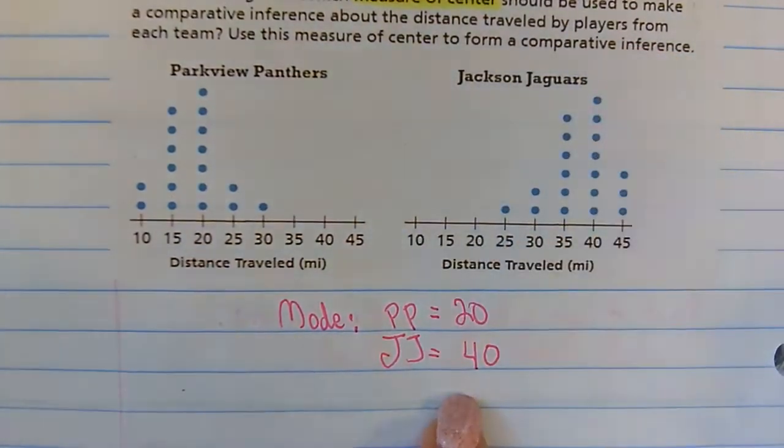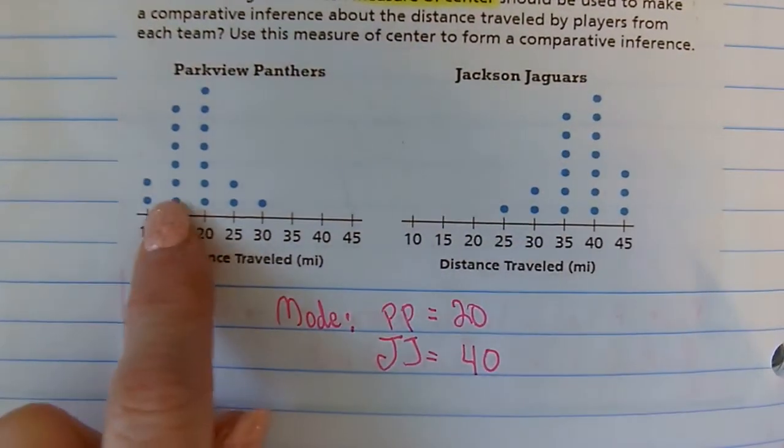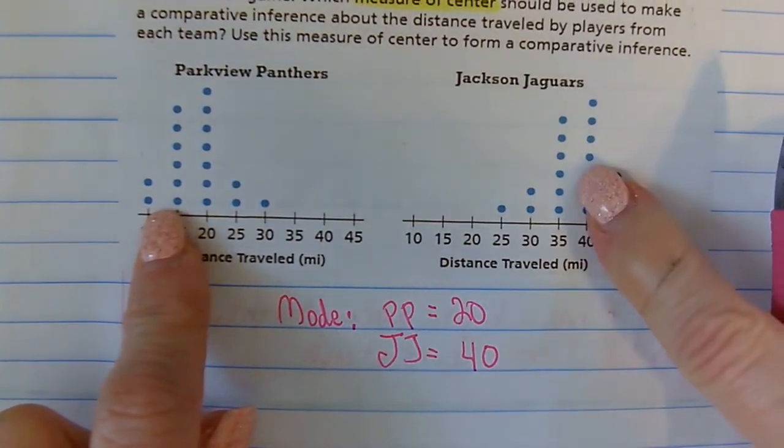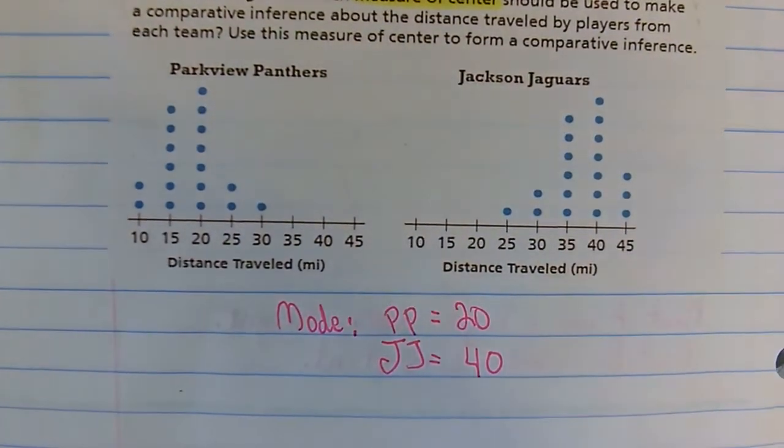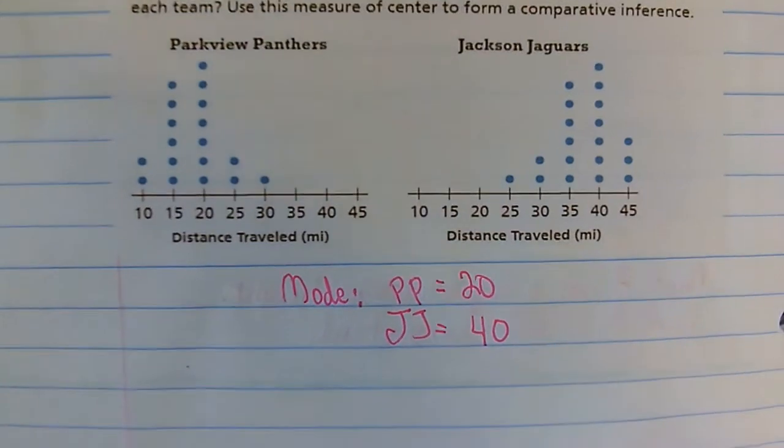So now that I've got this data, we could probably infer that this was the home team and this was the away team. And we can also do a couple of other things.